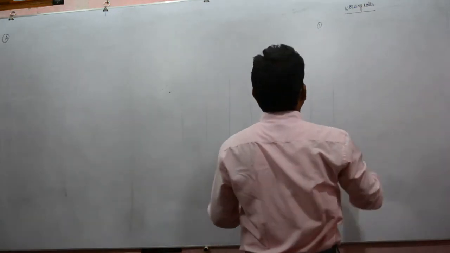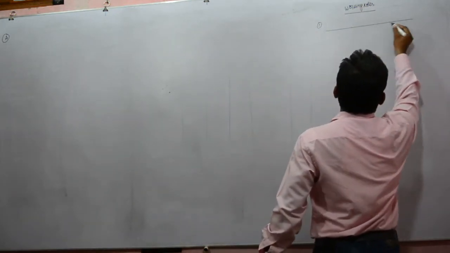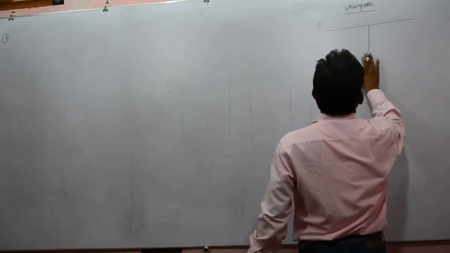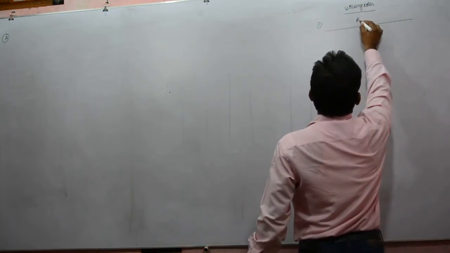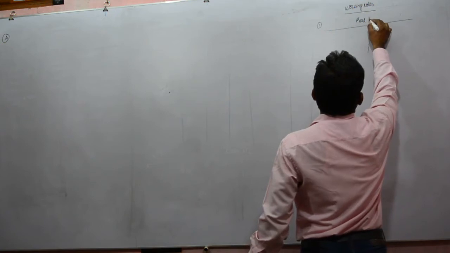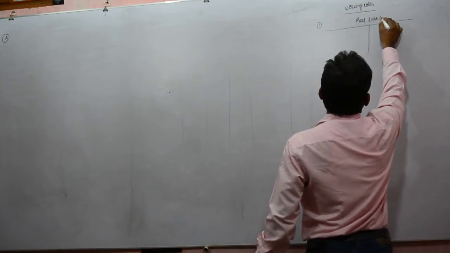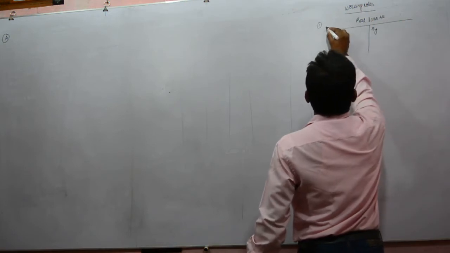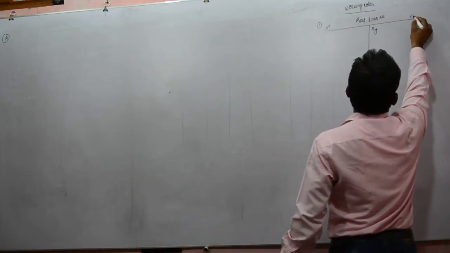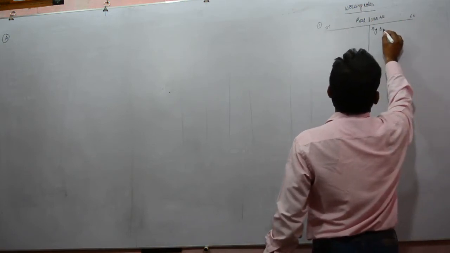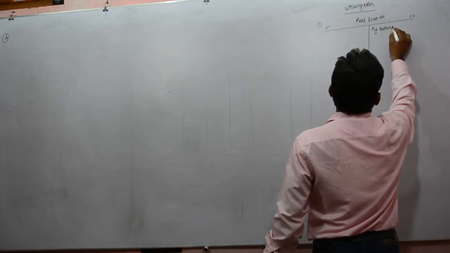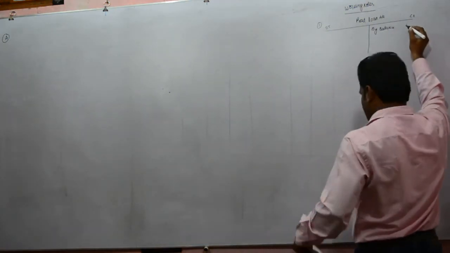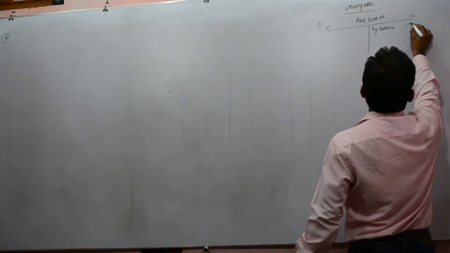Read's loan account is there, by balance, that is 15,000.